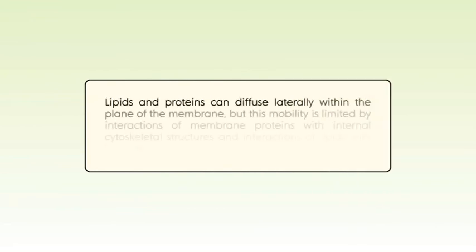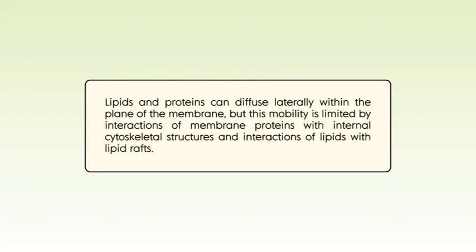Flip-flop diffusion of lipids between the inner and outer leaflets of a membrane is very slow, except when specifically catalyzed by flippases, floppases, or scramblases. Lipids and proteins can diffuse laterally within the plane of the membrane, but this mobility is limited by interactions of membrane proteins with internal cytoskeletal structures and interactions of lipids with lipid rafts.